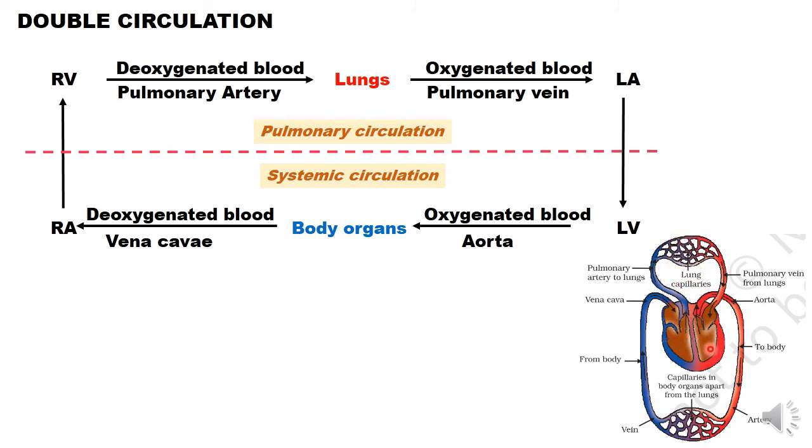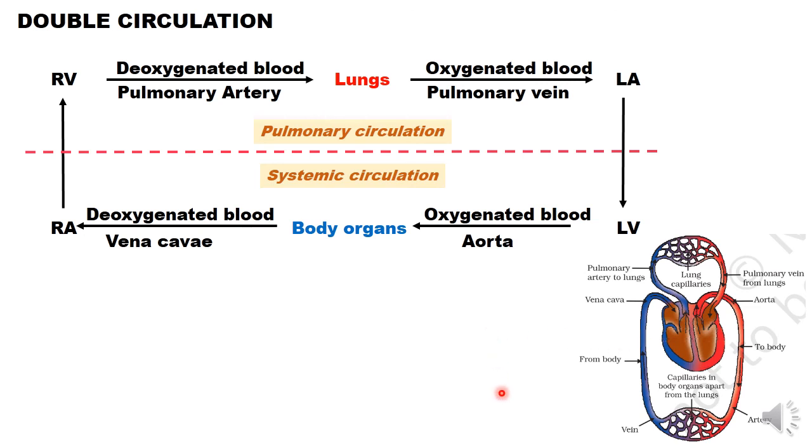And then if we look at this, the left ventricle is sending oxygenated blood throughout the body and the vena cava are receiving the deoxygenated blood back into the right atrium. Now this was our systemic circulation circuit. So in one cardiac cycle, the blood is passing through two different circuits in the heart.